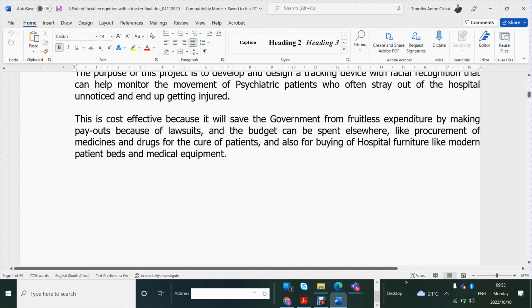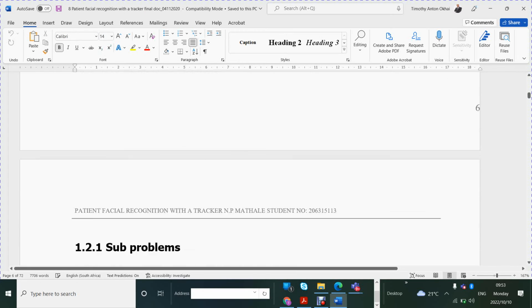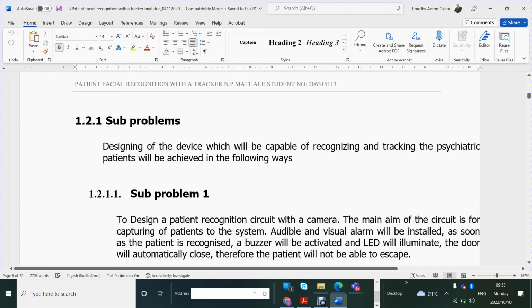So the problem statement here: the purpose of this project is to develop and design a tracking device with facial recognition that can help monitor the movement of psychiatric patients who often stray out of the hospital unnoticed and end up getting injured. So it's very clear what this project is about.